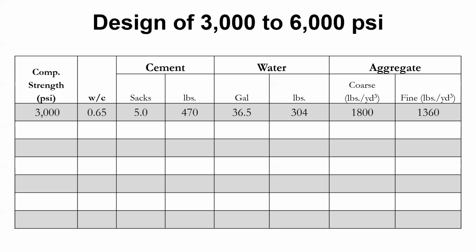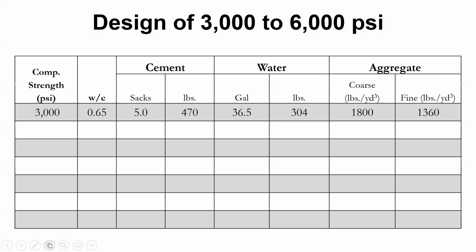So if you take that 304 divided by 8.34, you're going to get gallons. So that's what I did to get from pounds to gallons. 304 divided by 8.34. Just a little FYI.